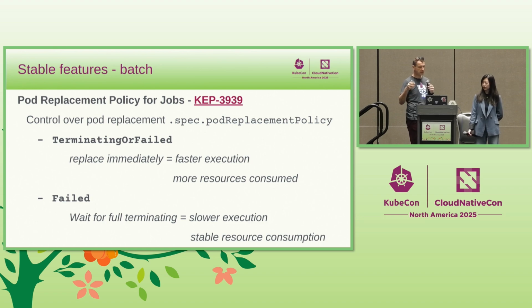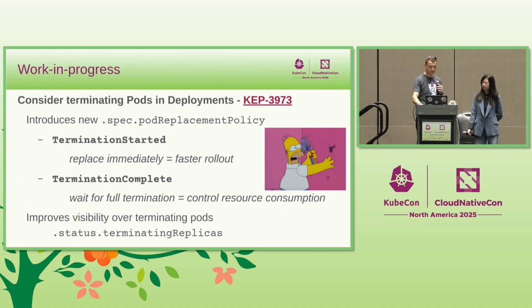So we've introduced a new field that allows you to control when you actually want to create the new pods, whether that's immediately after the pod is marked as failed, or whether you want to wait until the pod is fully terminated and releases all the resources from the cluster, and only then recreate the new pods. So that's where the pod replacement policy kicks in, and it helps you achieve a little bit more stability for some of the job workloads.